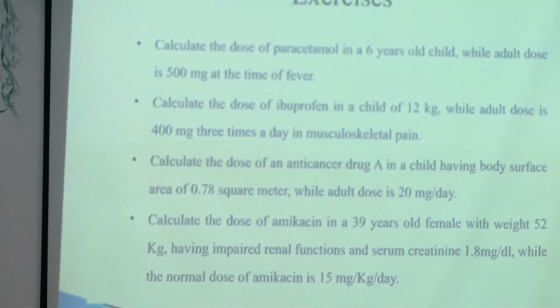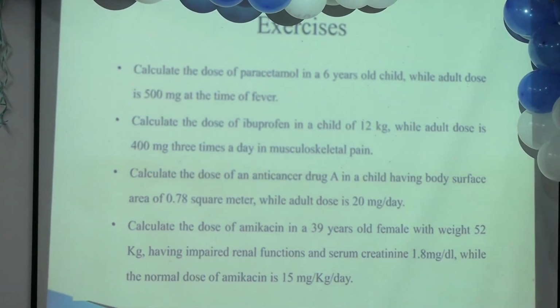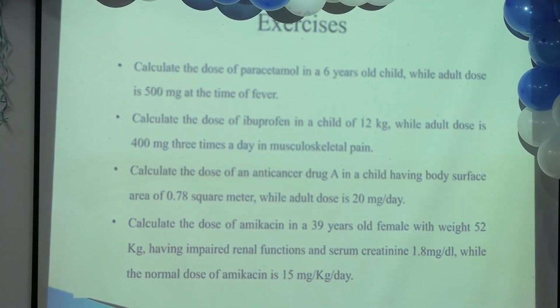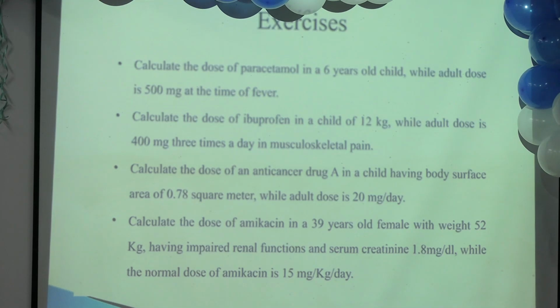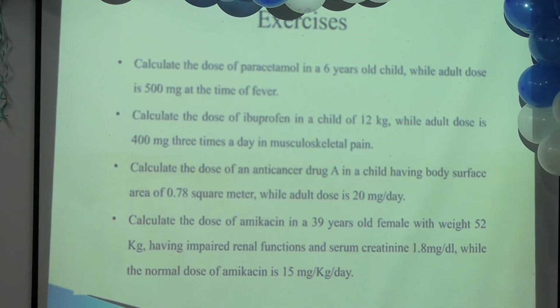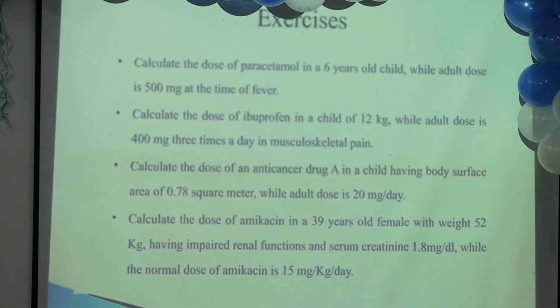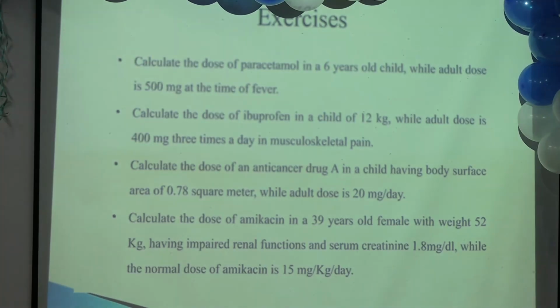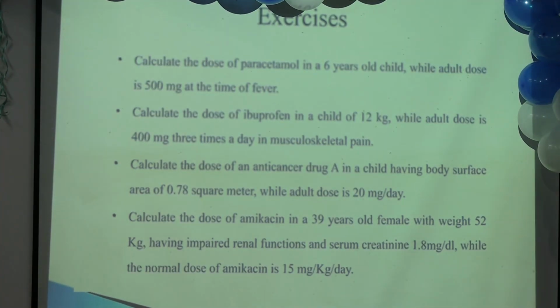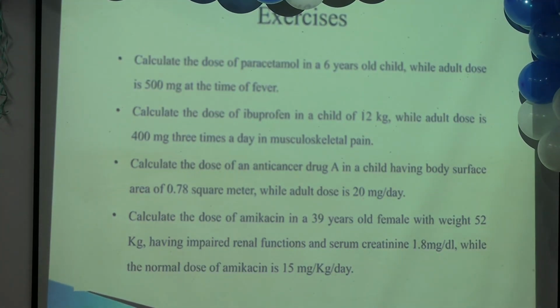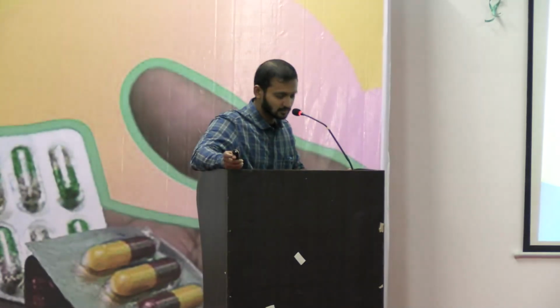So calculate the dose of an anti-cancer agent A in a child having body surface area of 0.78 square meter, while the adult dose is 20 milligram per day. What is the formula for the body surface area? 9.